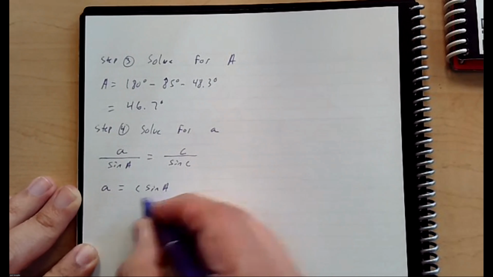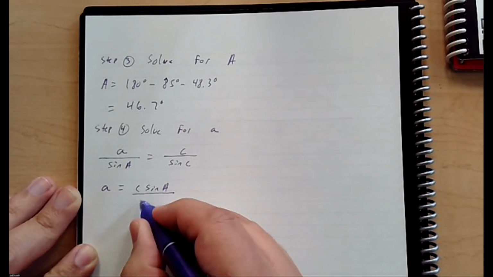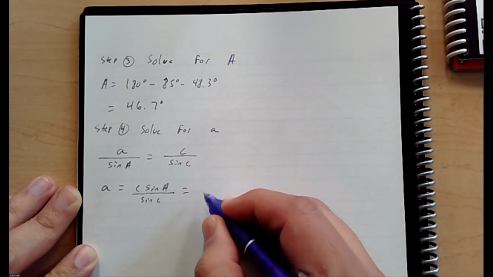You'll get straight to here. Multiply both sides by sine A. Plug in everything.